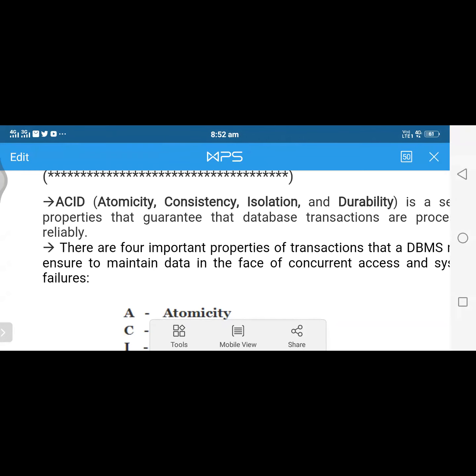If you manage it this way, the examiner may think this person is not reading well. But if you attempt the answers in sequence, for example 1A, 1B, and if we don't know 1B, no problem, you can start the next question. But if you change the sequence, then the examiner may think badly about you.